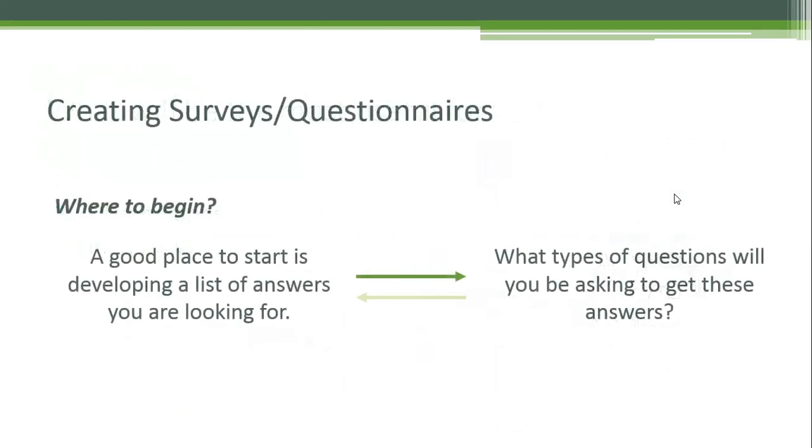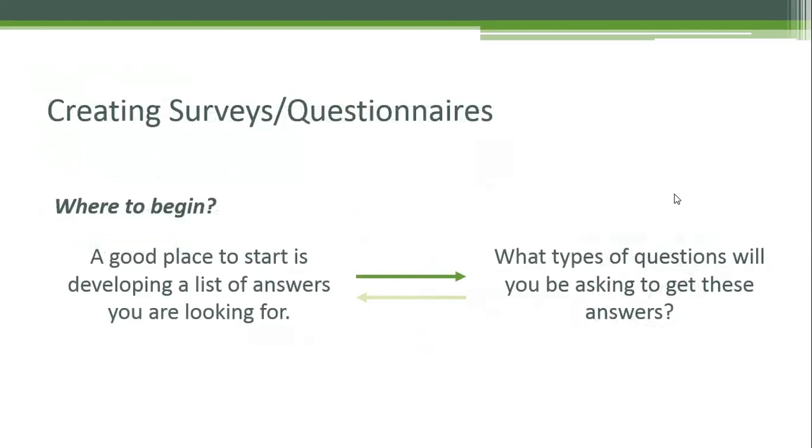When you're creating a survey or questionnaire, it's hard to know where to begin. A good place to start is developing a list of answers of what you were looking for, and then working backwards, seeing what types of questions you will be asking to get these answers.